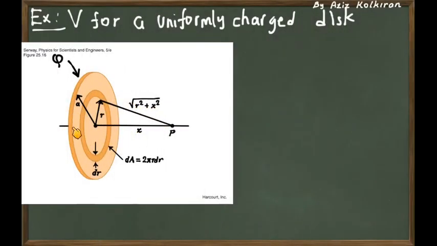We have a charged disk which has the total charge q, and the x-axis is the symmetry axis of the disk, and the question is, what is the potential at any point which lies on the x-axis, at a distance x from the center of the disk. So we can think of the disk as composed of rings with radii running from 0 to a.